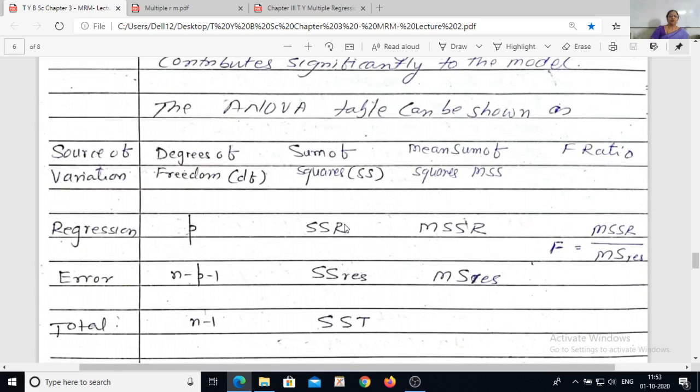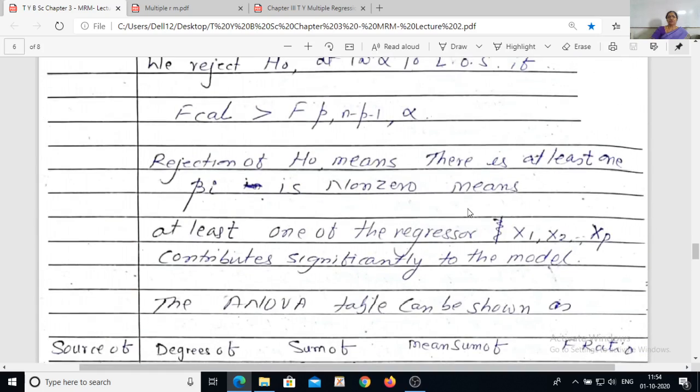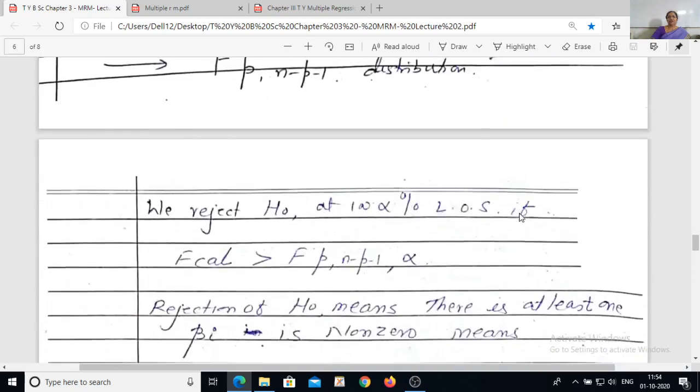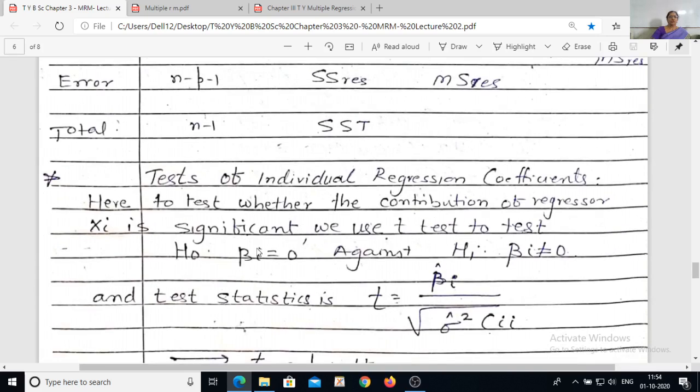And these are the sum of squares due to regression, sum of squares due to residuals, and this is the total sum of squares. If you divide SSR by p, you will get mean sum of squares due to regression, and mean sum of squares due to residuals, and therefore F ratio is equal to MSR upon MSE, the mean sum of squares due to residual, that is this term. Okay, so this is your F ratio.